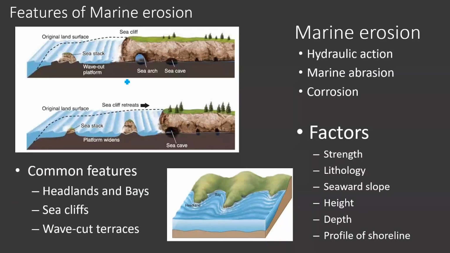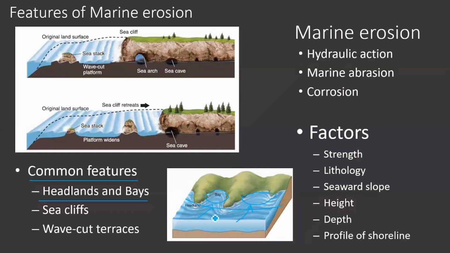Now, as a result of this erosion, a number of different landforms are produced. These are the common erosive features produced by marine erosion. Number one is called headlands and bays. For example, this was the older shoreline. The waves are directly acting on this, and the rock types present in this part have relatively less strength.